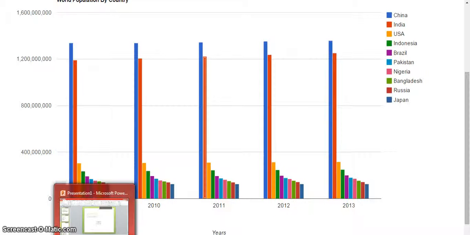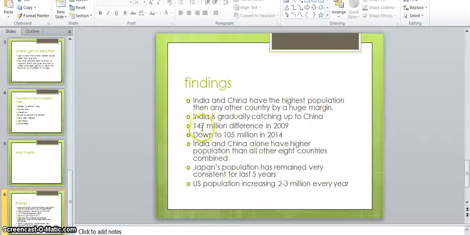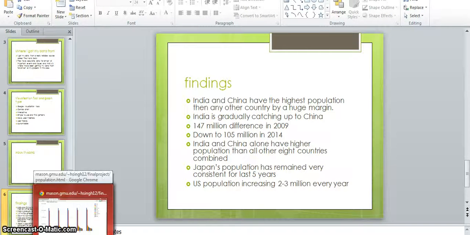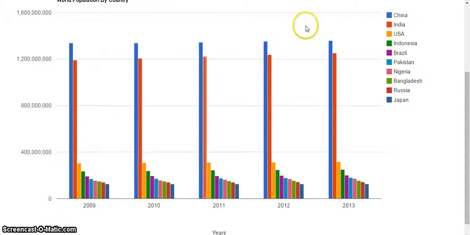And some of the findings that I have found is India and China have the highest population than any other country by a large margin. So if you look at the graph, you can just tell that they have the highest population than any other top eight countries by the biggest margin.